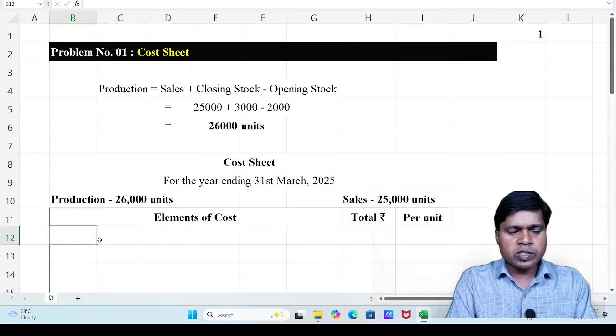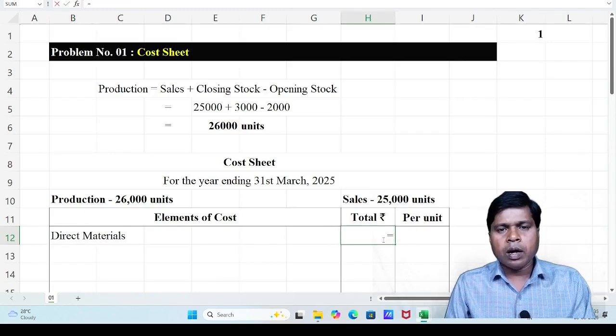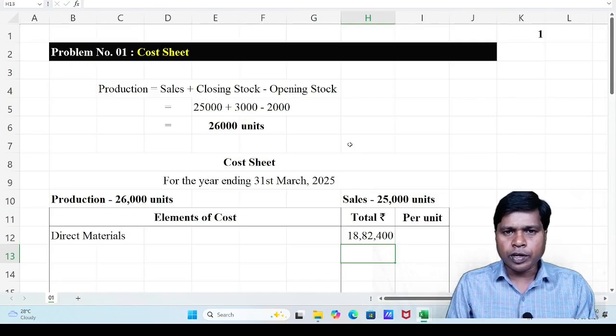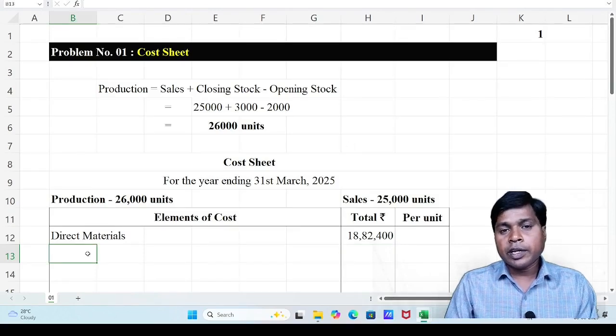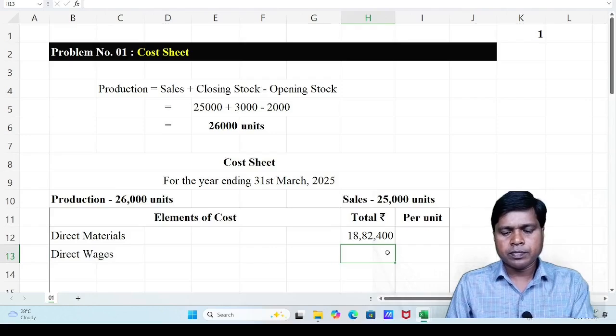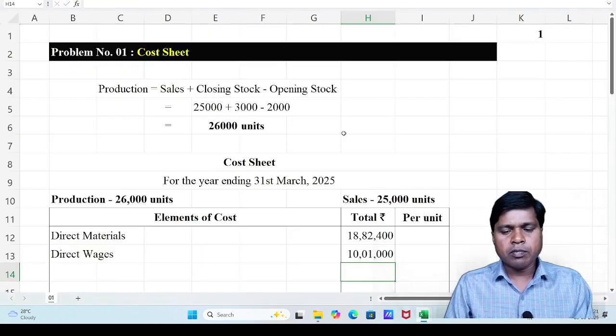As per the specimen of cost statement, we always write first item direct materials. Amount of direct material 18,82,400 I have recorded. Then next item of prime cost is direct wages or direct labor, amount 10,01,000.